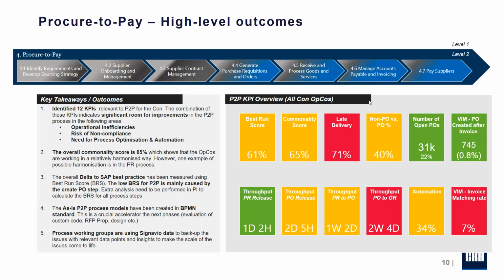And in here you can see some of the key P2P KPIs that we were looking at. Obviously, the baseline score is a really useful KPI, but you see some of the things here that came out: late deliveries, throughput, then the invoice matching rate was not ideal.